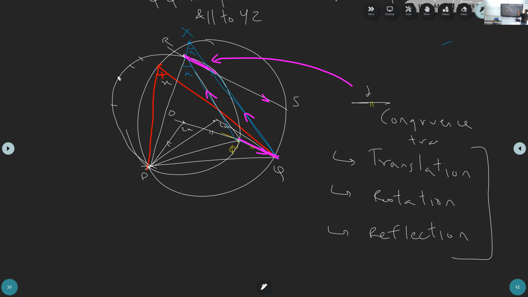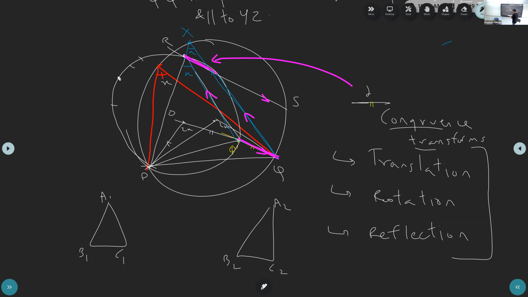Because as it turns out, there is a theorem that says that if you take any two objects in the plane which are given to be congruent, so let me say that this triangle A1, B1, C1 is given to be congruent to some other triangle A2, B2, C2, then through some combination of these operations, I can pick up this triangle and place it here. Like what can I do? I can first translate it.